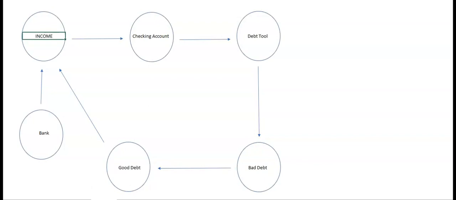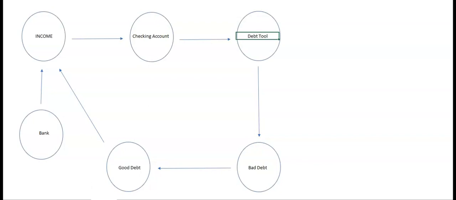The flow continues. You just go on with the flow. You put it at whatever point. So if you're like, okay, all of a sudden my daughter got braces and it's going to cost me $3,000, what do I do? Well, if you're taking a loan from your bank, it's just going to become income, go into the checking account and then the debt tool. You don't have to stop the flow. You continue on with the flow.